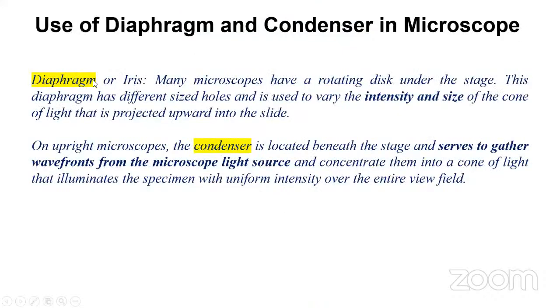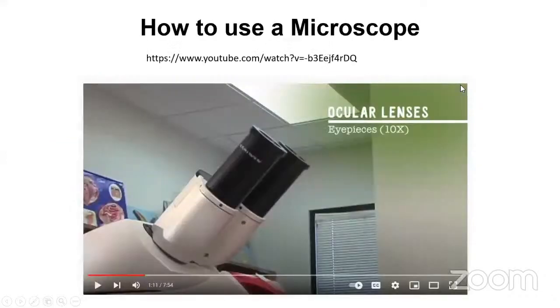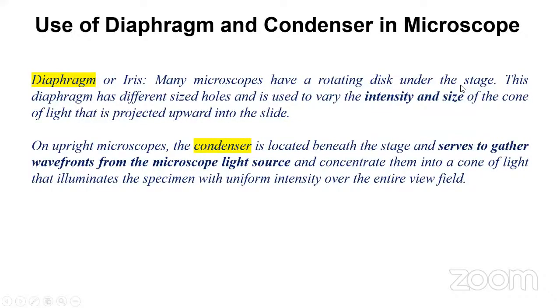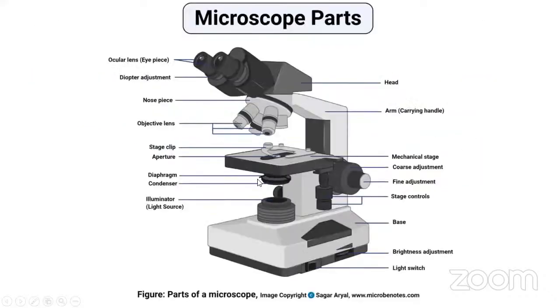Let's see what the functions of the diaphragm and the condenser are. Many microscopes have a rotating disc under the stage. This is the rotating disc. It can be rotated.